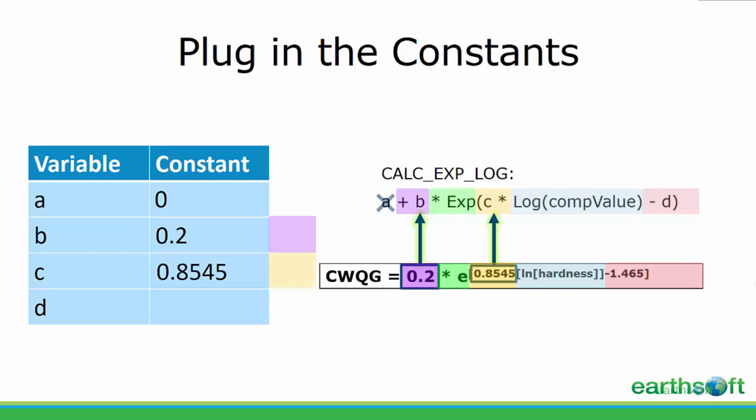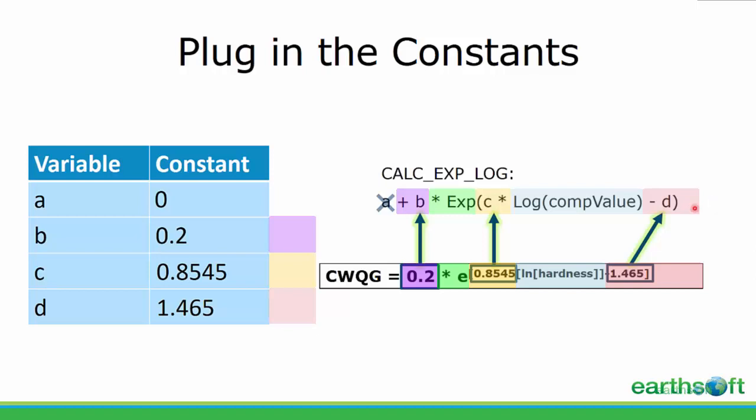Then the c variable is 0.8545. And then, of course, my comparison value here for the natural log of hardness is listed right there, exactly the same. And then finally, my last value here for my final d constant is going to be 1.465.